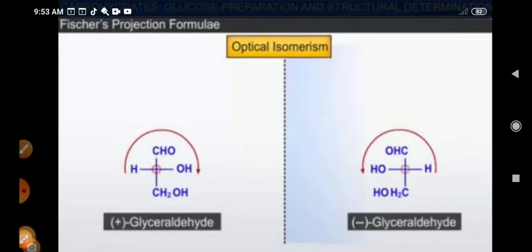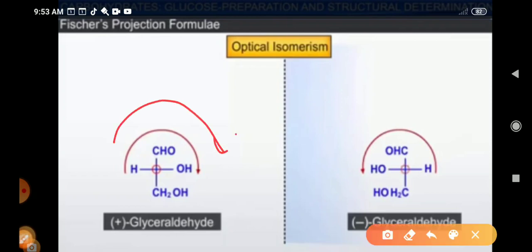Let us see the optical isomerism here. Plus glyceraldehyde and minus glyceraldehyde. Here, if it rotates the plane of polarized light in a clockwise direction, then the substance or the sample is called dextrarotatory, which is represented by a plus sign. And if it rotates the plane of polarized light in an anti-clockwise direction, then it is represented by a negative sign.